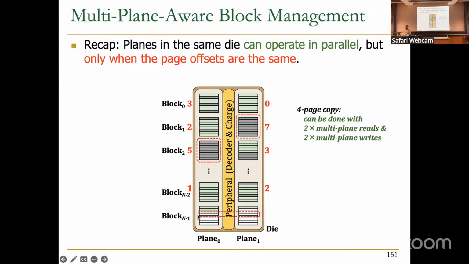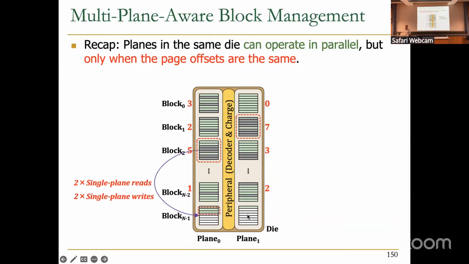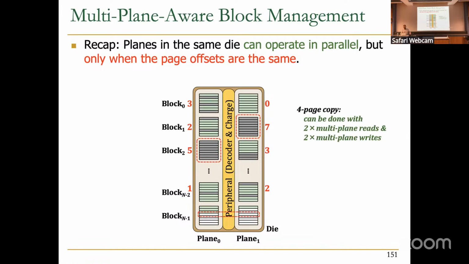Also, if you consider block n-1 is going to be your writing location for some time, to benefit from multiplane operations you should discard the first two available locations of block n-1 in plane 1, so that you can continue writing multiplane. That would come as a capacity overhead, essentially.